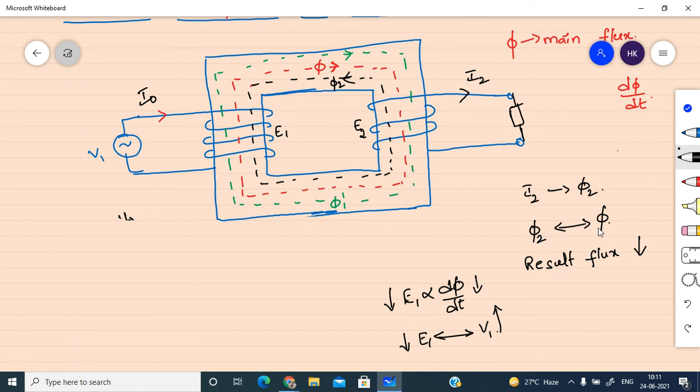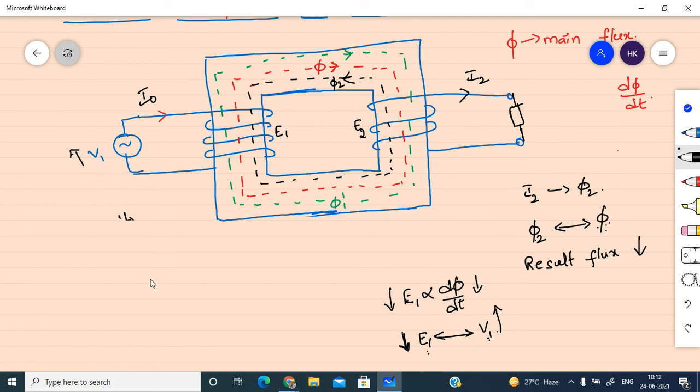Because of Lenz law. The main cause to produce this phi 2 is this phi. So that's why this effect opposes the cause. Here also, E1 is the effect. For this effect, the cause is V1. That's why according to Lenz law, this E1 always opposes V1. So whenever this E1 reduces, V1 will increase. The main supply voltage will increase for a moment.